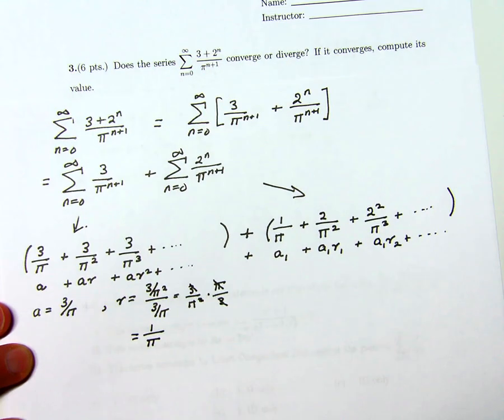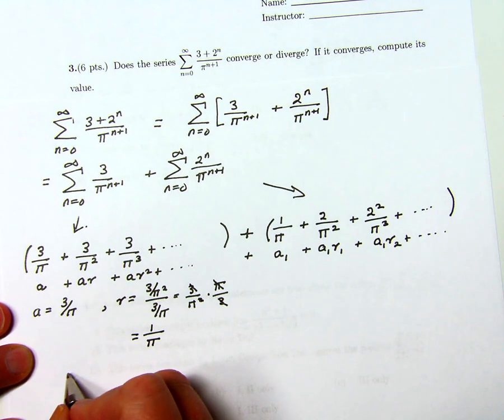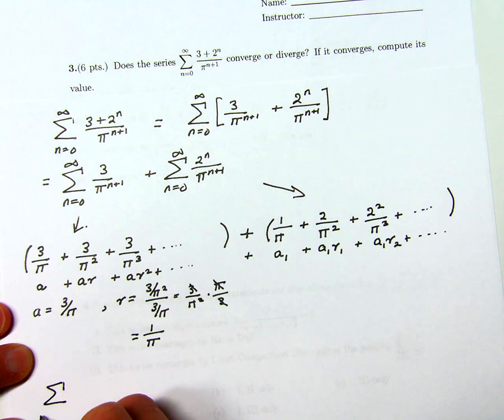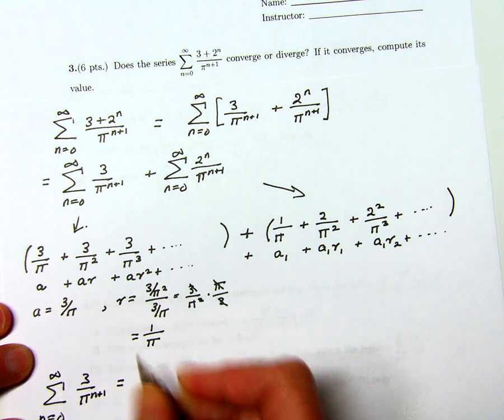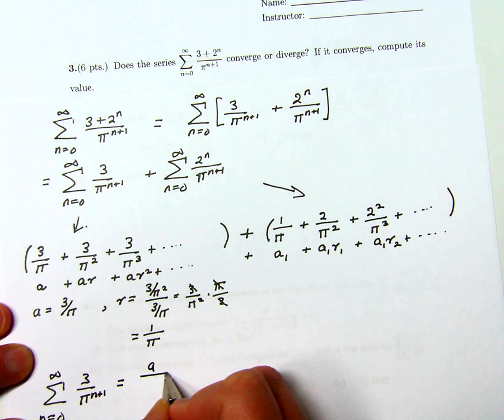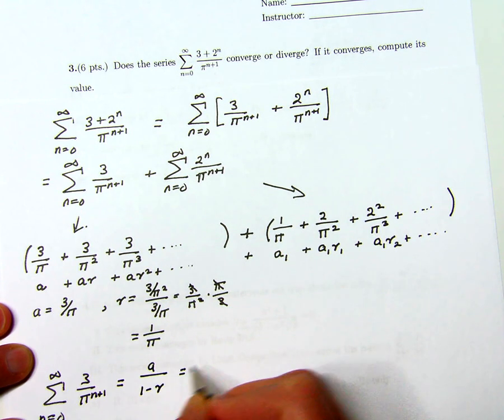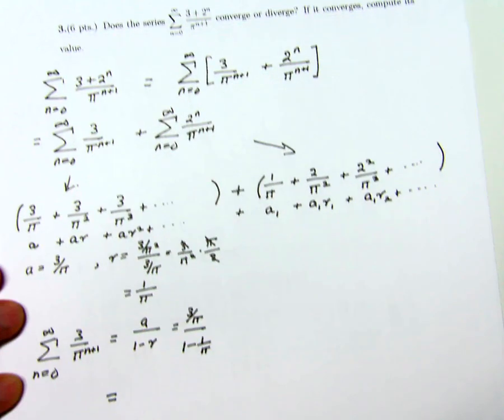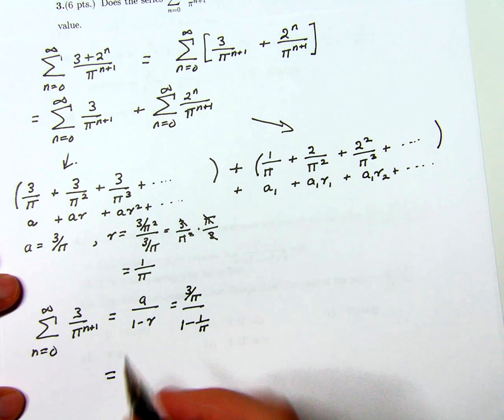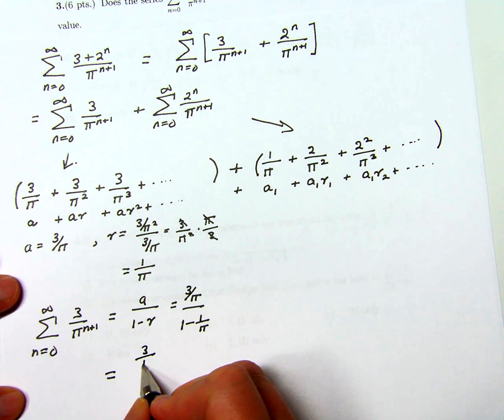So the sum of this series is equal to a over 1 minus r, which is 3 over pi over 1 minus 1 over pi, which is equal to 3 over pi.